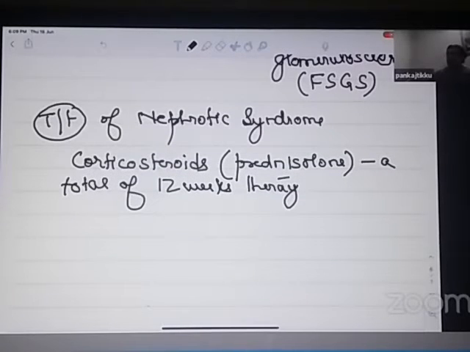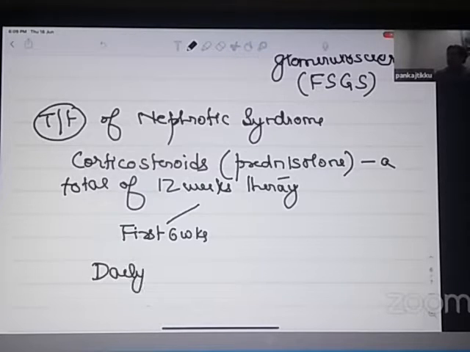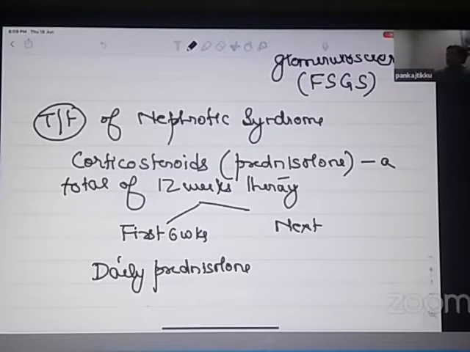Out of this, the first 6 weeks should be daily prednisolone, and then the next 6 weeks should be alternate day prednisolone.